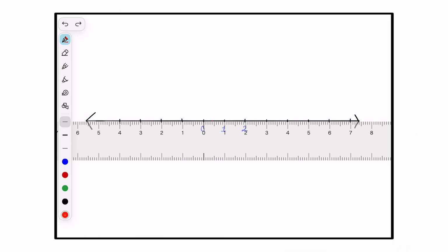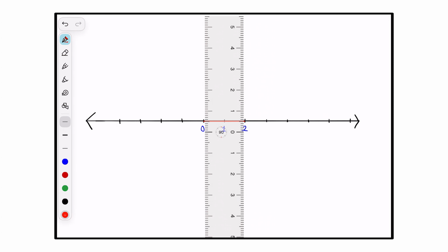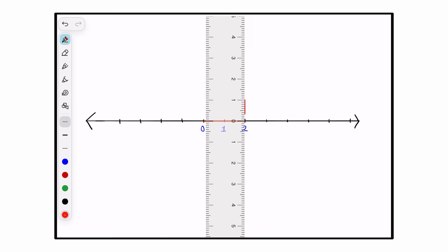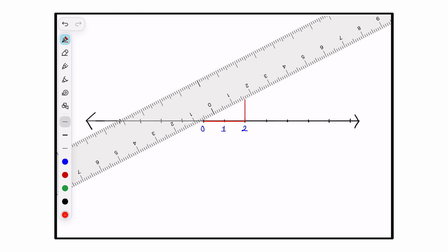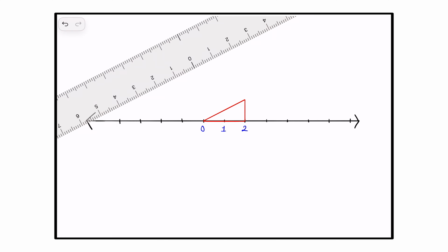See, first I will construct the base of length 2 unit, then I will construct a height 1 unit, I will join the hypotenuse, I will get this hypotenuse as length root 5. Why? The base is 2 unit, the height is 1 unit.